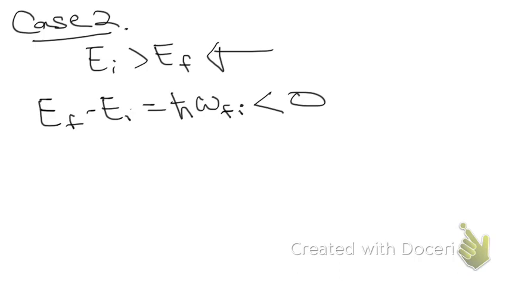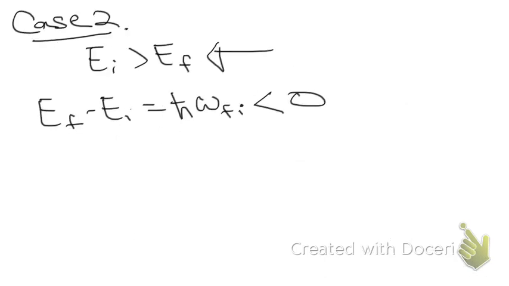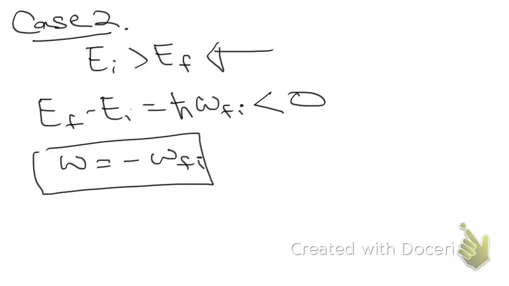And so the first term in my equation star, this term over here, is then going to be large for an excitation frequency that matches the Bohr frequency. For this case, the excitation frequency is the negative of the Bohr frequency, this thing over here.